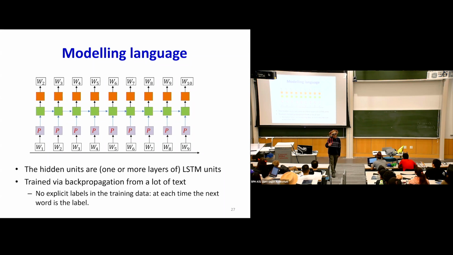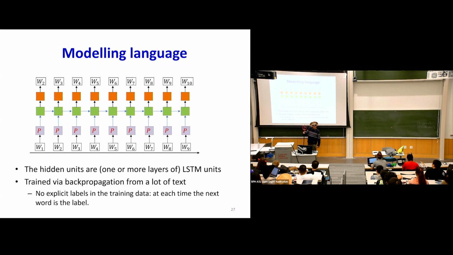Everyone with me? You still have this issue of projecting things down to a lower dimension because you don't want to be working off one-hot representations directly. And then you're going to have lots of text. So again, I'd be reading The Tale of Two Cities, and that could perhaps be my training text to learn a language model for Charles Dickens. I know all the words in the language. At the first word, I'm going to be trying to predict the second word.